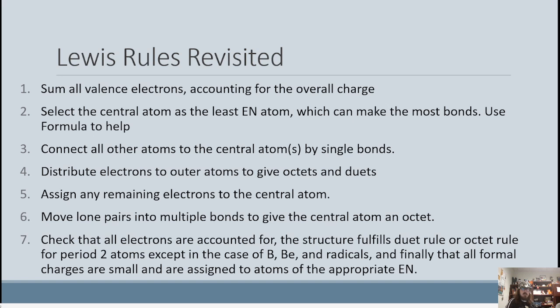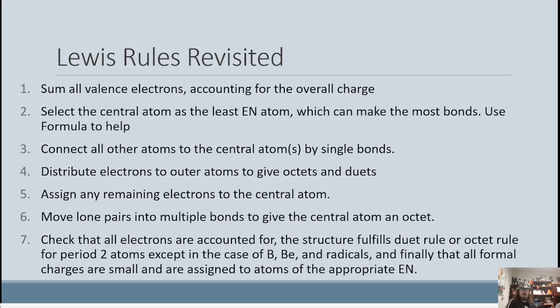Connect all other atoms to the central atom by single bonds. Still want to distribute electrons to the outer atoms to give them octets or duets. Still want to assign any remaining electrons to the central atom. We still want to move lone pairs into multiple bonds to give the central atom at least an octet. But now on step 7, we want to account for all these weird exceptions.